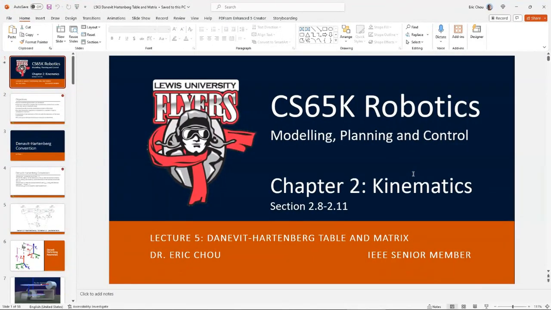Last week we covered the homogeneous transform matrix. This week the Denavit-Hartenberg table is a continuation of the homogeneous transformation matrix. The two are related. The Denavit-Hartenberg table is used to systematically generate the parameters that can be used in the homogeneous transform matrix.